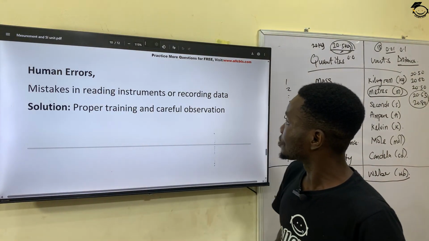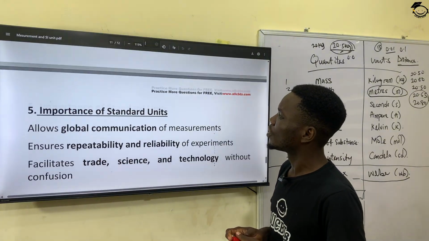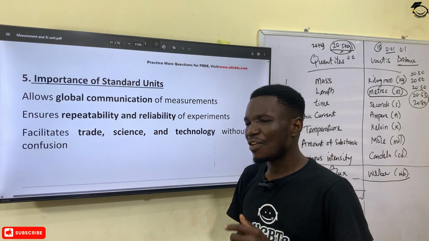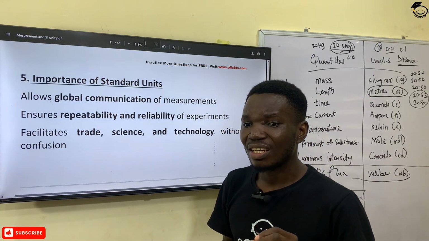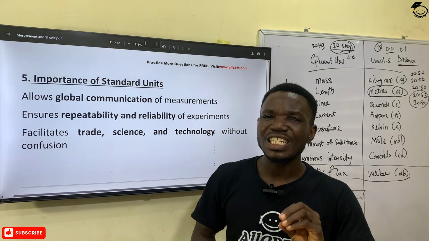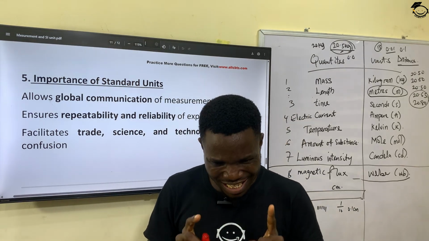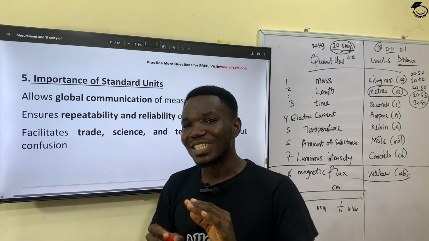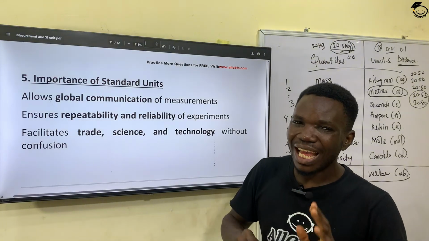Moving on from there, what is the importance of standard units? The first and most important of all is the fact that they are globally accepted. So standard units are the generally accepted units.